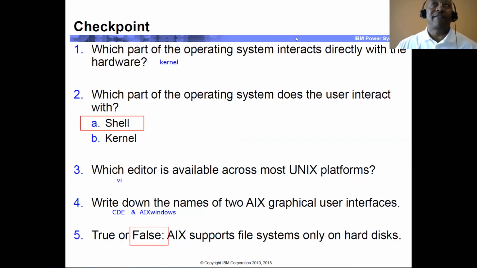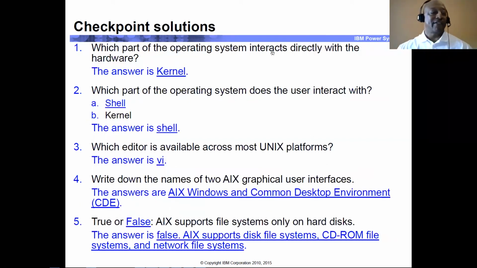Let me clear all drawings and go to the next screen. These are the answers to our checkpoint questions, and very well as far as the answers that you provided. Okay.